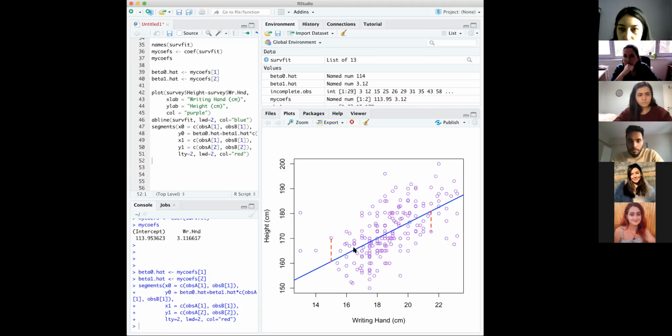Actually, I didn't understand why did we put y0 as beta 0 hat plus beta 1 hat times these observations? Because you want to see this distance, and one touch is in here, but the second one touch is on the y-axis in here, okay? That's why you want to see the value on your line. This is your observation. This is your corresponding value, the fitted value on that one, okay?